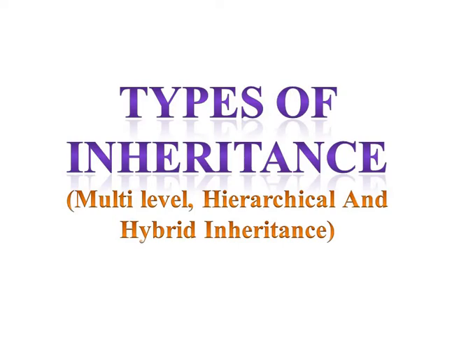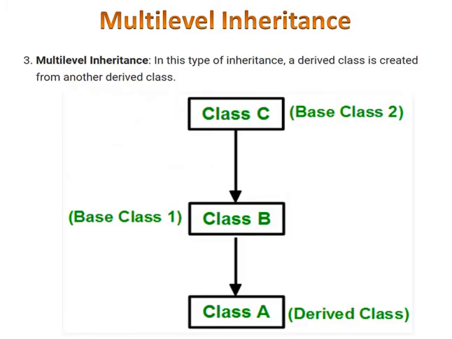First, we will see what multi-level inheritance is. In this type of inheritance, a derived class is created from another derived class. The name itself suggests that there are multiple levels in this type of inheritance.